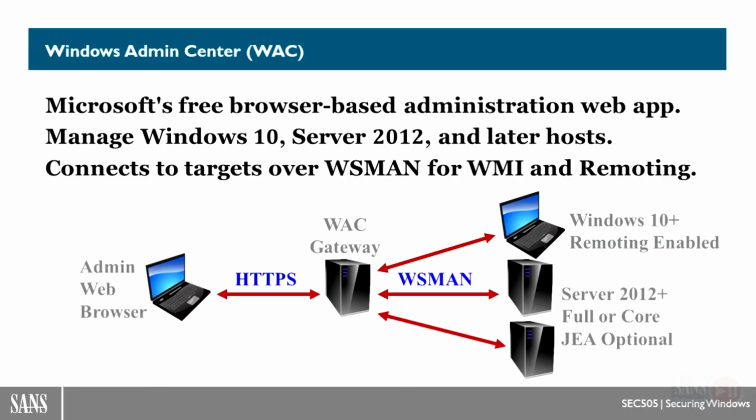Remember, the WSMAN protocol can be authenticated and encrypted with TLS. So no matter where those laptops or servers are on the right-hand side, inside the LAN, the DMZ, or up in the cloud somewhere, as long as you can establish that TLS channel to the machine, well, then you can go through the Admin Center gateway to manage it.